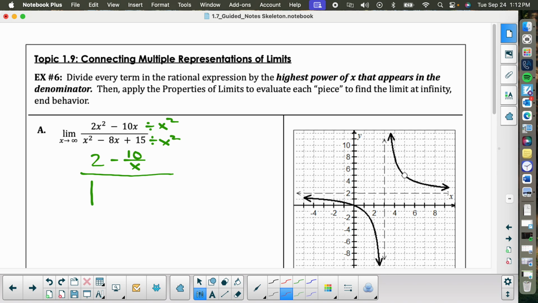It's 1. 8x divided by x squared, a single x cancels, you'd have 8 over x. This is supposed to be what you excel at, algebra. 15 divided by x squared, nothing cancels. Now, if I put infinity in place of x, 0, 0, 0, 2 over 1.